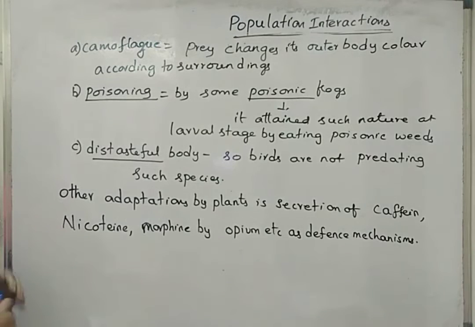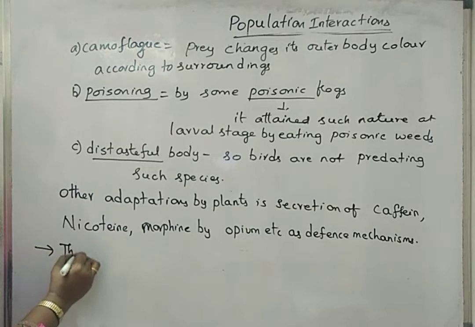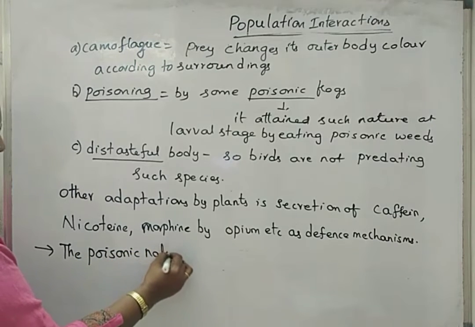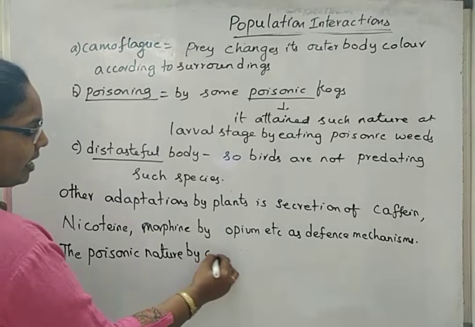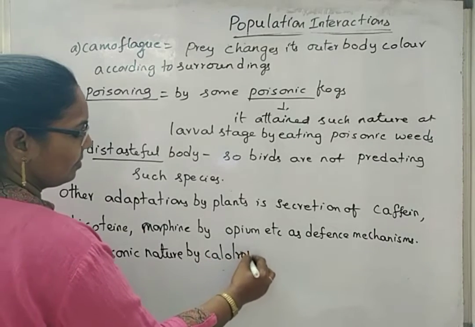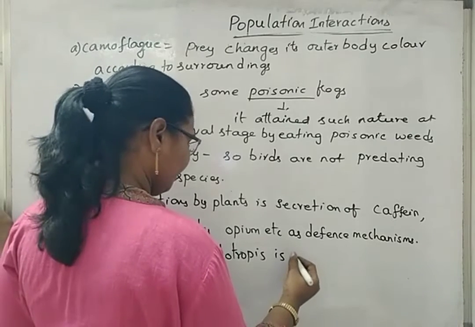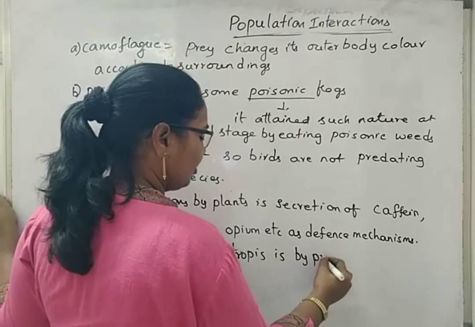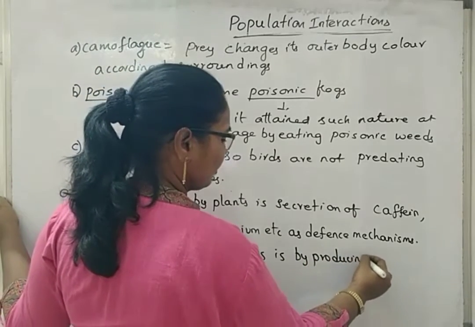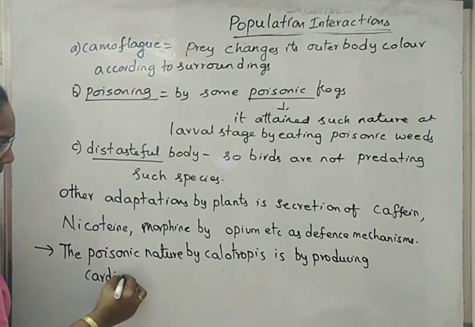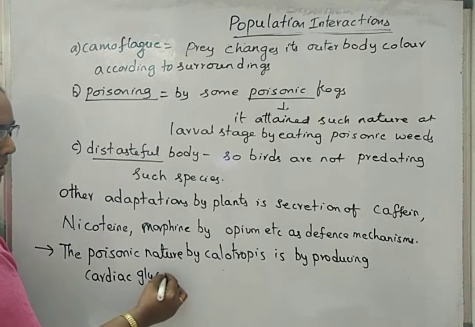There are some other examples, like the poisonous nature of Calotropis by producing cardiac glycosides.